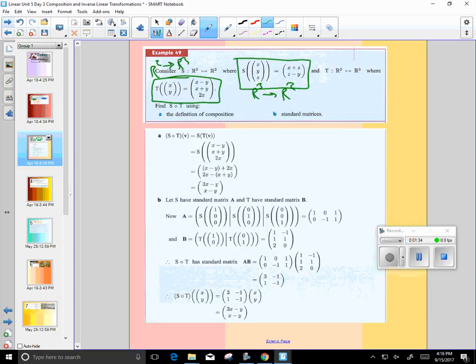Okay, and we're going to do a composition of the functions, and the order they're doing is S of T of V. So be in the habit, whenever you do any of these, of writing a step or two and not just trying to get the total answer. Write S and then put T of V in.